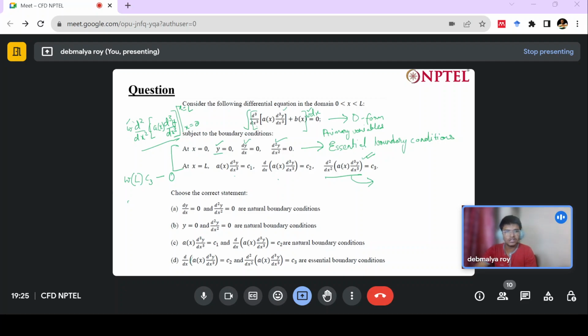So these are basically natural boundary conditions. These are essential, definitely. These will be natural boundary conditions, and these variables that are there, which are specified, these are called secondary variables. Okay.